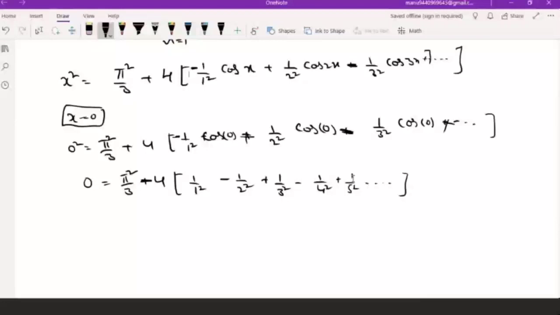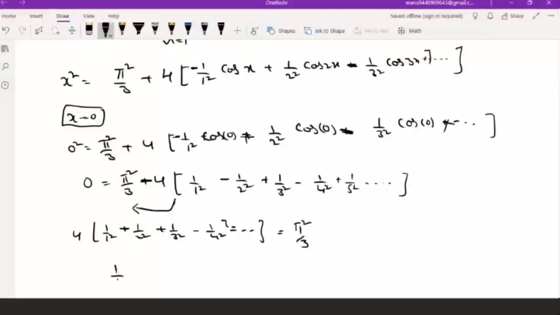Then the 4, we are sending this to the other side, that is 4 of 1 by 1 square minus 1 by 2 square plus 1 by 3 square minus 1 by 4 square and so on is equal to pi square by 3.